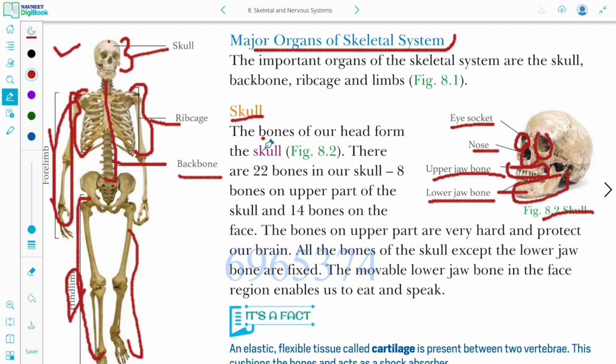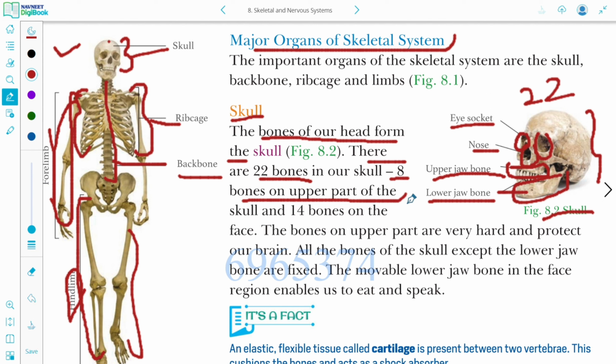Now the bones of our head form the skull. जो हमारे हेड की बोन्स होती हैं वो क्या फॉर्म करती है बच्चे? स्कल. There are 22 bones in our skull. टोटल कितनी बोन्स होती हैं स्कल में? 22, है ना? 8 bones on the upper part of the skull. 8 bones कहाँ होती हैं?